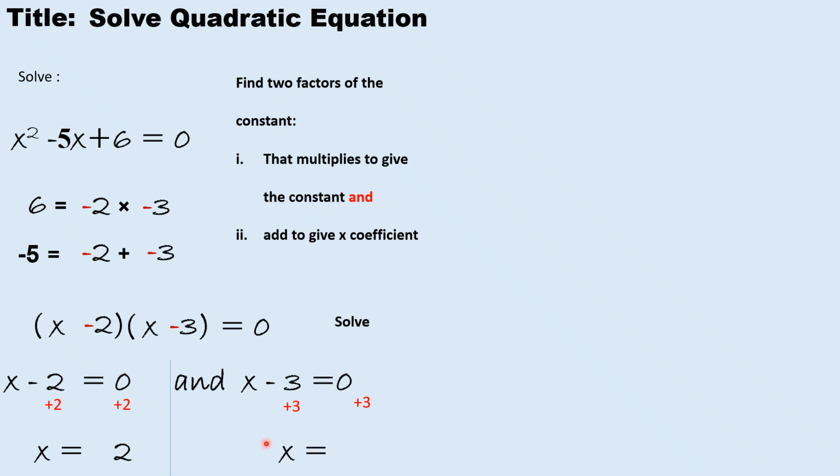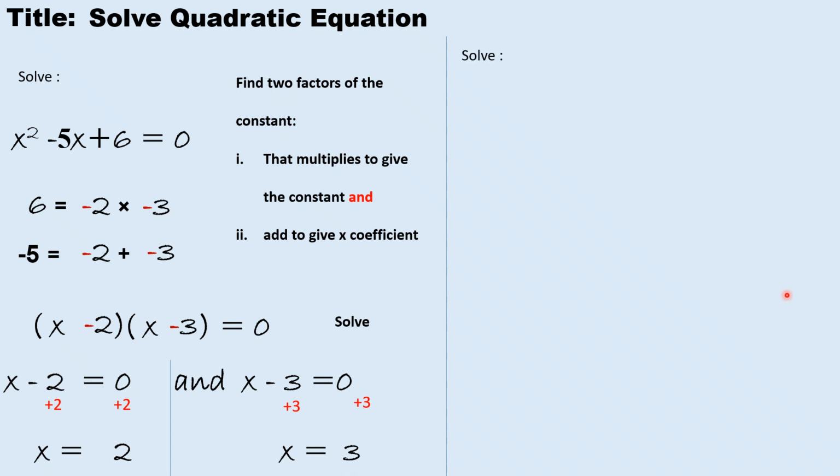Now x is equal to 3. And those are our solutions, x being 2 and x being 3. So the roots of our equation are x being equal to 2 and x being equal to 3.